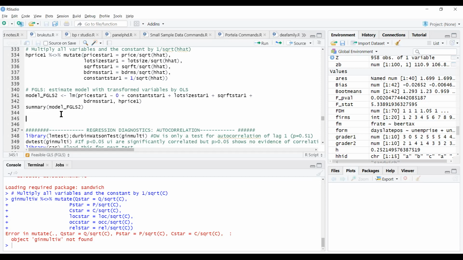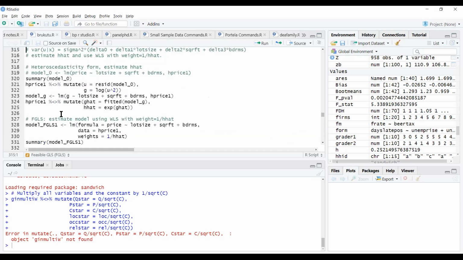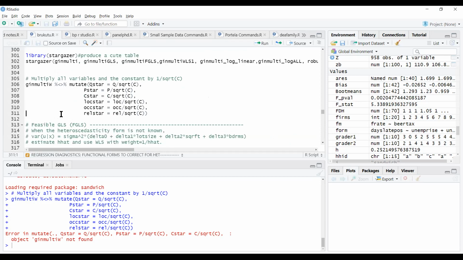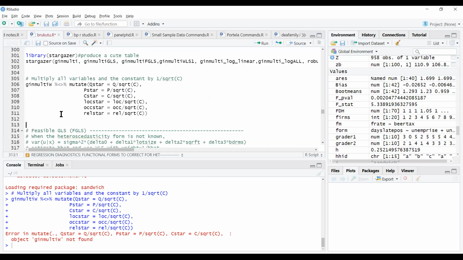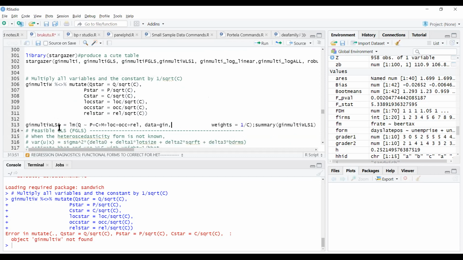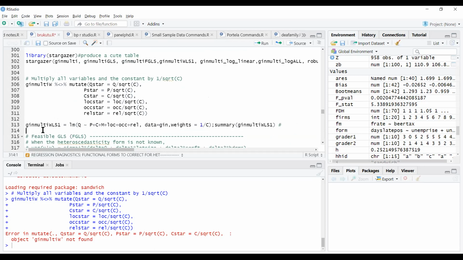So let me go up here. I'll just type the command just right below this. I'm going to just show you the command just as it's supposed to be. So you have the name as gene multi WLS1, and then you have everything. The only thing that is changing here is that I've added a weight of 1 over C. So I'm going to run that command.